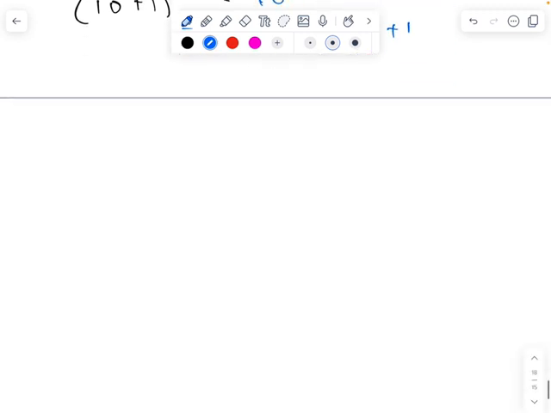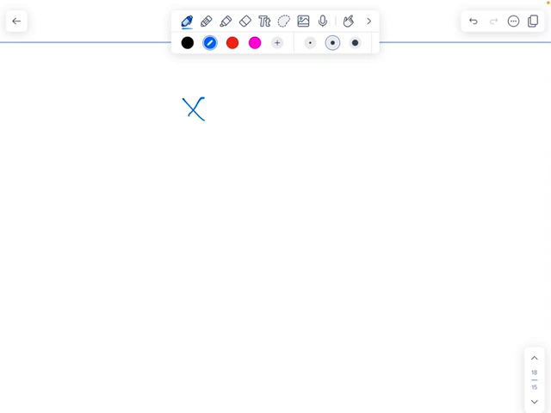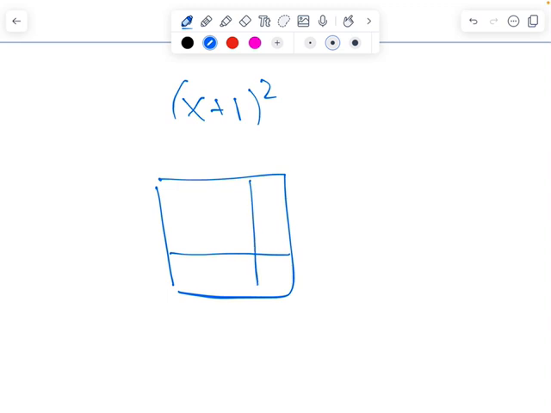So let's do that same thing now with x plus 1. Draw our box. And we have x and we have 1, we have x and we have 1. X times x is x squared, we have 1 squared. So you do have x squared, you do have 1 squared, but you also have this region: from here to here is x, same as that. So this region is x times 1, the area is going to be x.